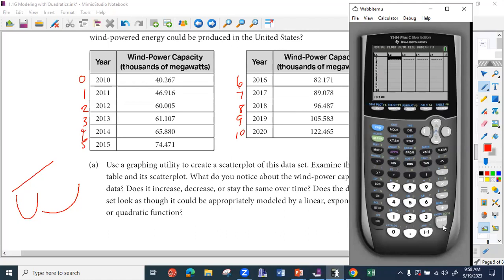And then I'm going to input my Y values: 40,267,000, 46,916,000, 60,005,000, 61,107,000, 65,880,000, 74,471,000, 82,171,000, 89,078,000, 96,487,000, 105,583,000, 122,465,000.